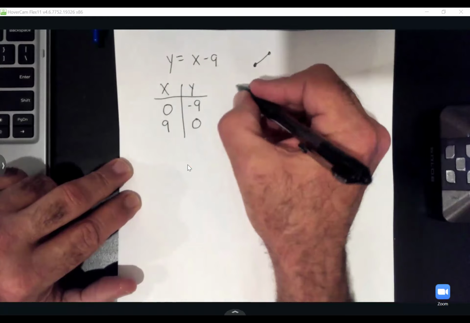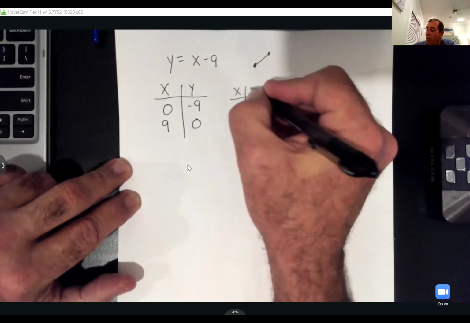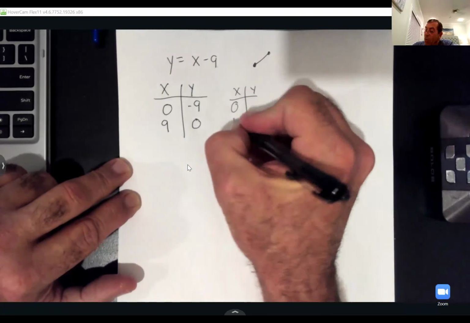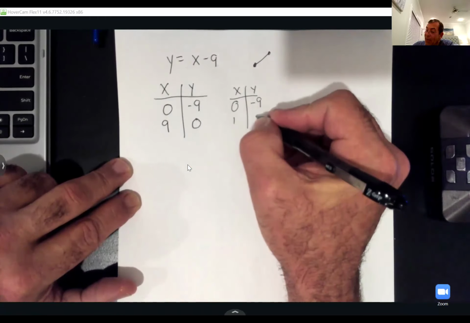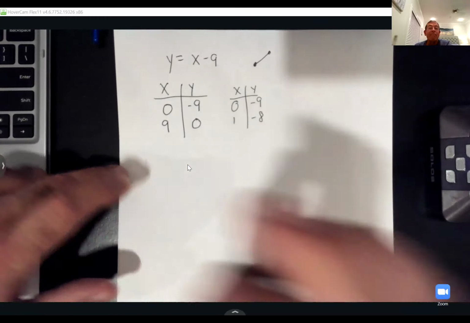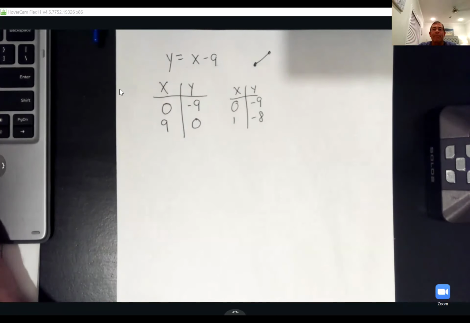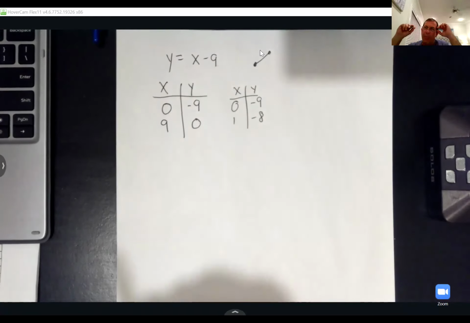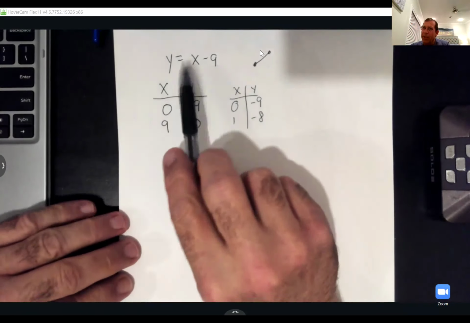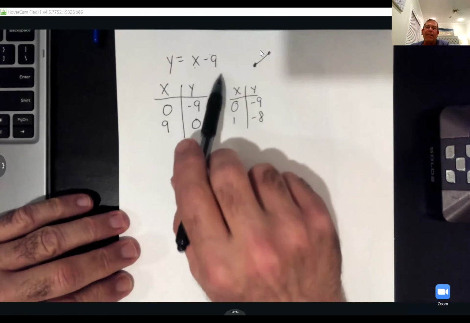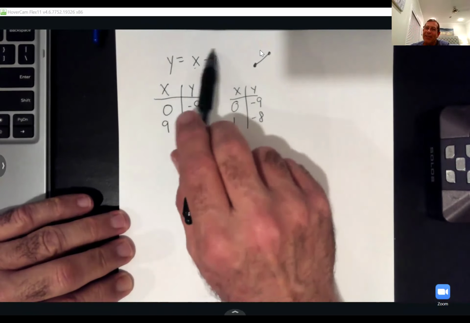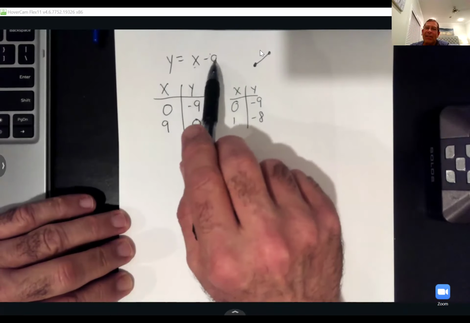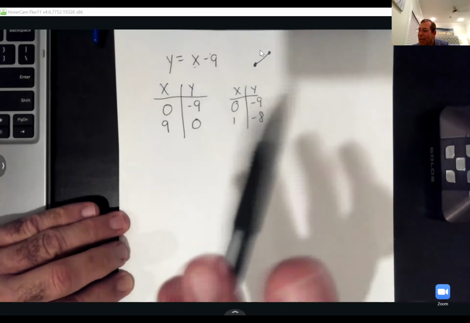Okay. But hey, any points you want. You could have did the 0, 1 like I used to do, and that would make that a -9 and a -8. Any 2 points will work. Okay, thank you. And yeah, that was like number 2 or 3, I think. It should be really similar to this. Probably like an x minus 2, x minus 5, something like that.